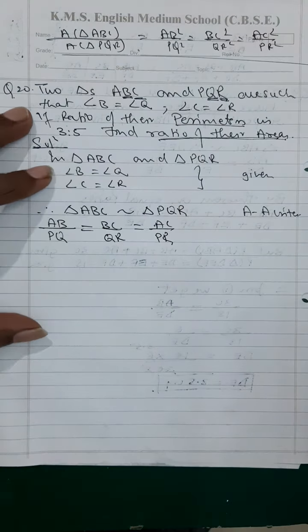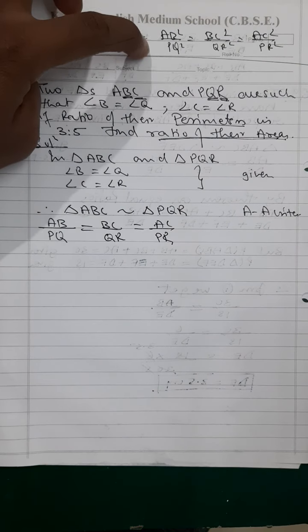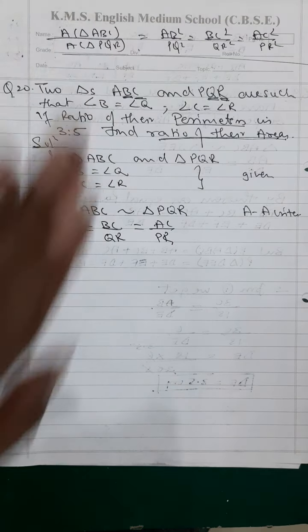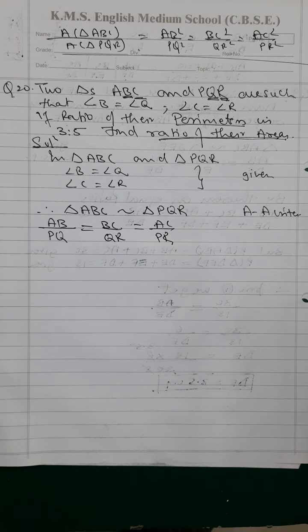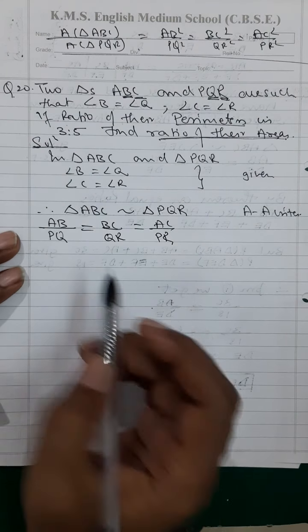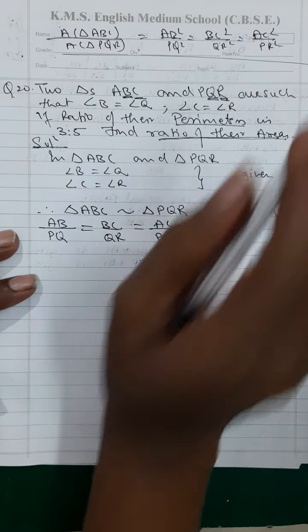This is what you are going to get. But you want AB square upon PQ square, or BC square upon QR square, or AC square upon PR square. Any one you require, any one.